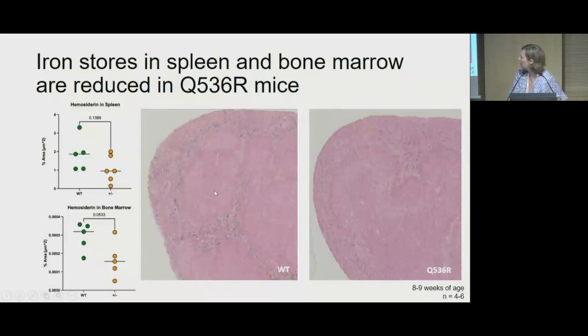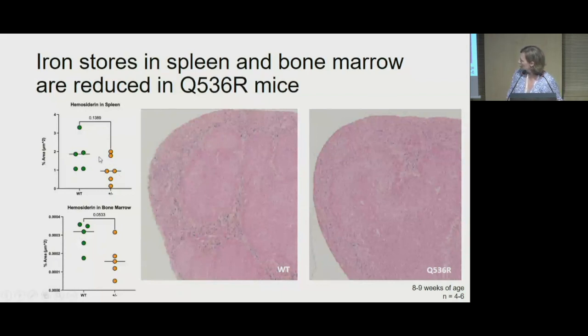And what you can see is that in this spleen of the wild type, you can detect a certain amount, and then in the Q536R variant, there's less. And so this was quantified by circling the area and then measuring the intensity. This is done with QuPath software in a blinded fashion. So Sylvia didn't know which genotype she was working with when she did the scoring.